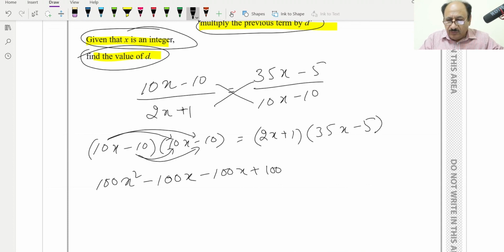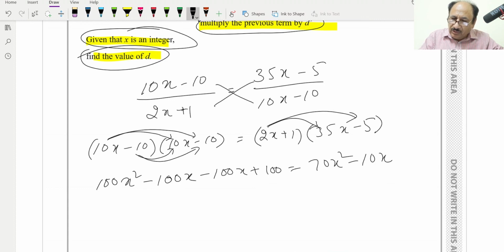Then on the other side, 35 into 2 is 70x squared, then minus 10x, then plus 35x, and 1 multiplied by minus 5 is minus 5.